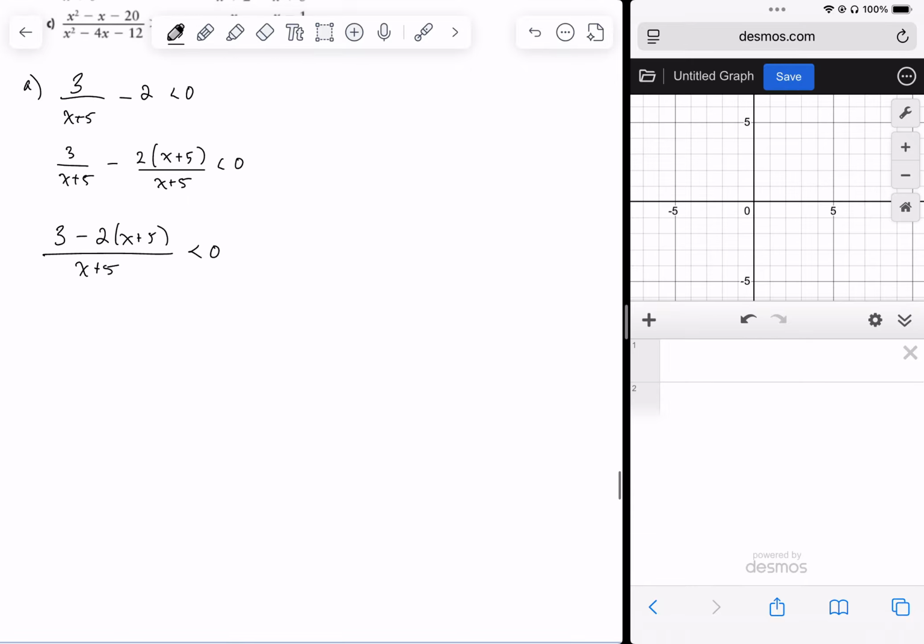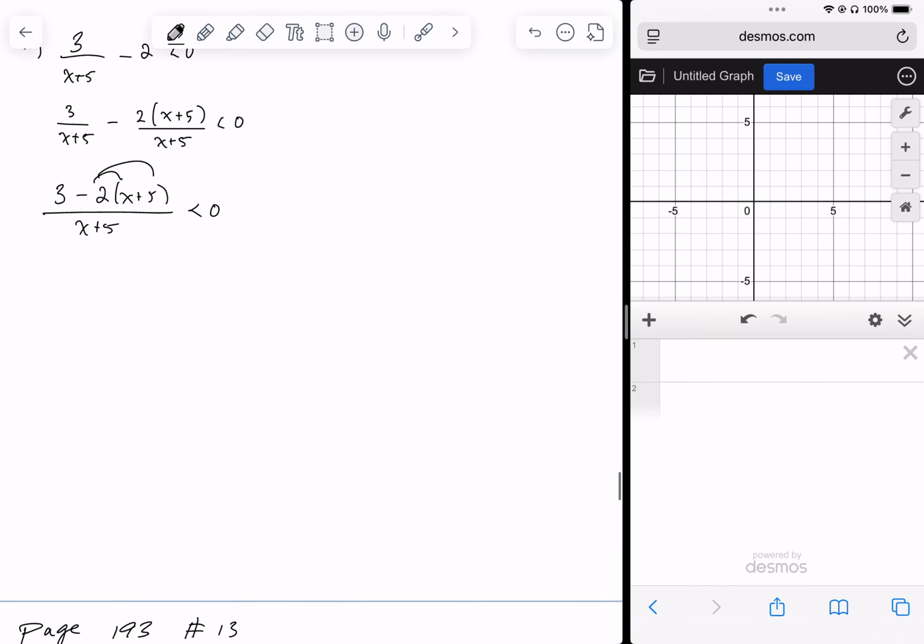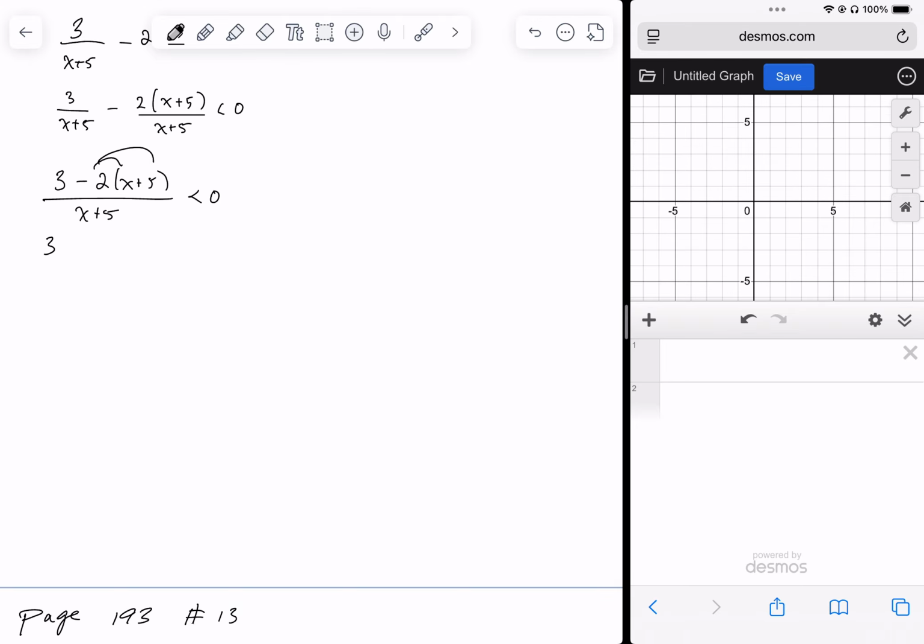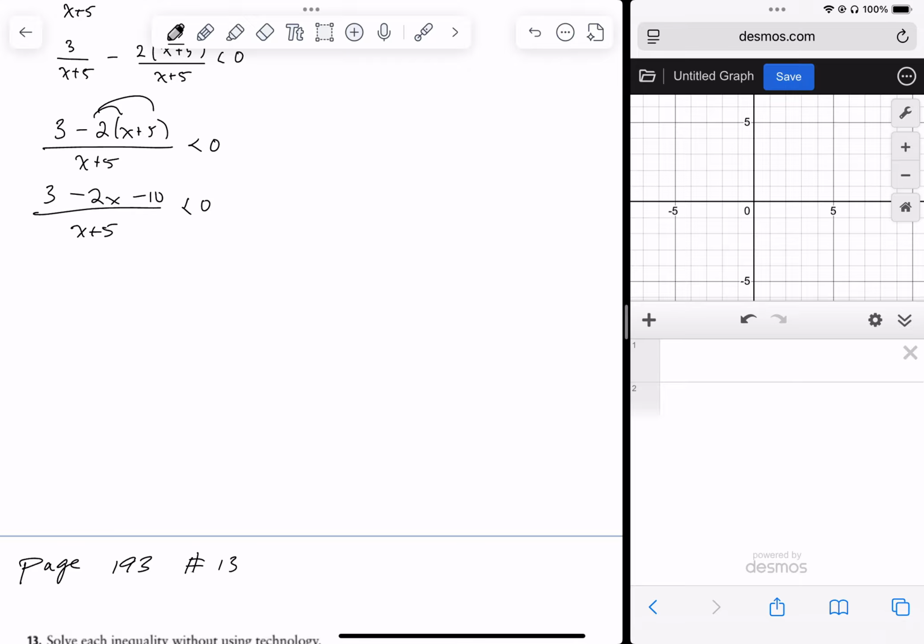Then I can distribute the negative 2 onto the bracket, so I end up with 3 minus 2x minus 10 over x plus 5 has to be less than 0. Then I can collect like terms in the numerator. 3 minus 10 is going to be 7, so negative 10 plus 3 is negative 7. That gives negative 2x minus 7 over x plus 5 less than 0.